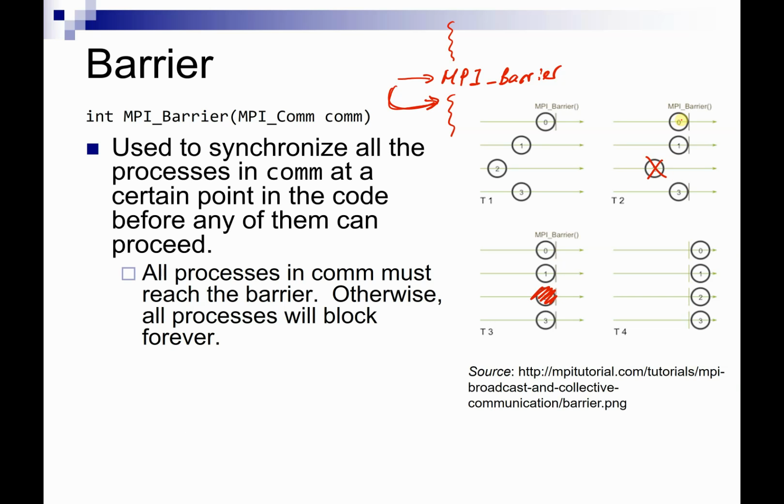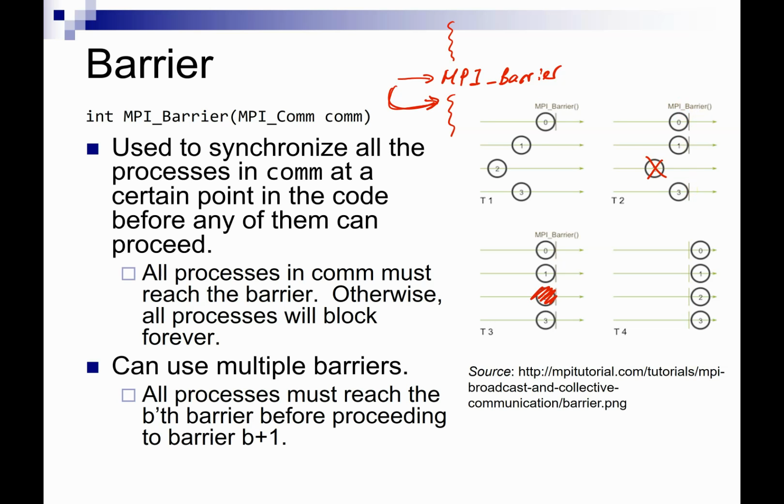Then these other processes 0, 1, and 3 are going to be waiting at the barrier forever, because they can only go on when everybody reaches the barrier. But because process 2 crashed, it's never going to reach the barrier. So all of these other processes are blocked forever. So if you use a barrier, you need to be careful about situations where some processes may never reach the barrier. That would be very bad.